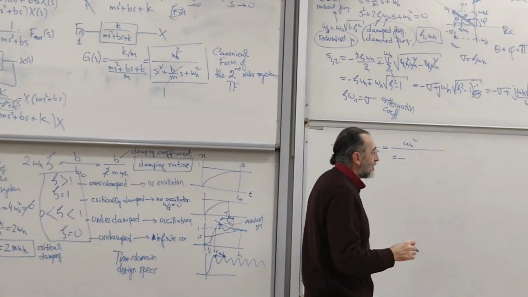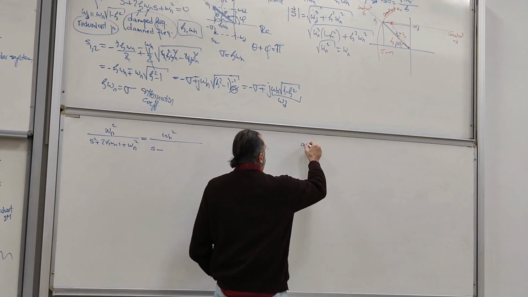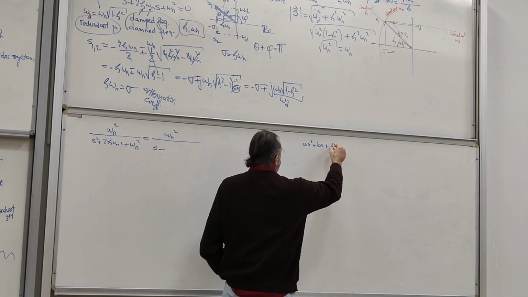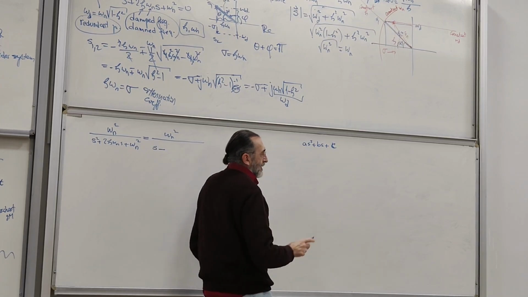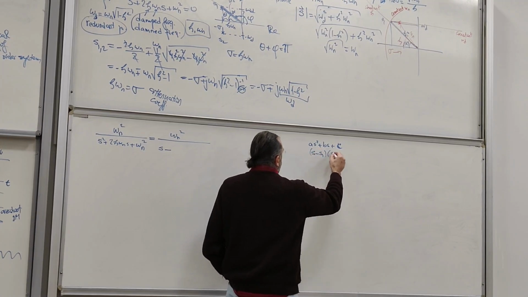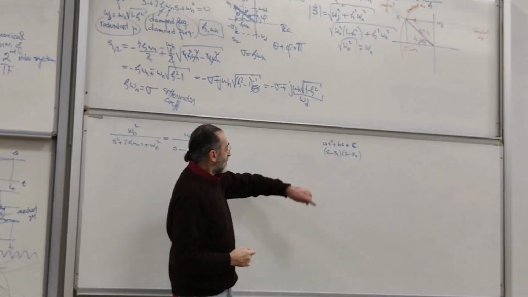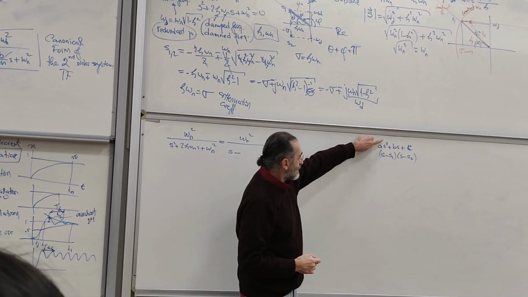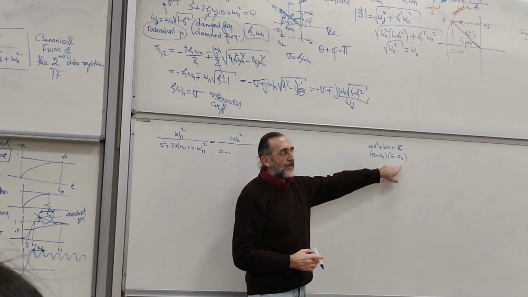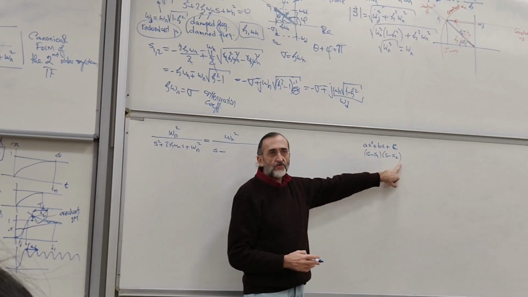Now, remember, if you have a polynomial, a s squared plus bs plus c, for example, it has two roots. So you write it as s minus s1, s minus s2, right? A second order polynomial is the product of two first order polynomials. A third order polynomial is the product of how many first order?